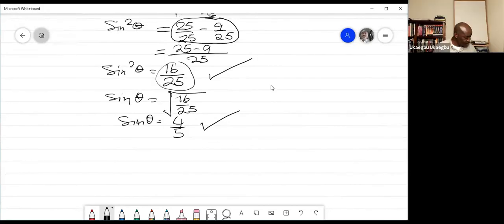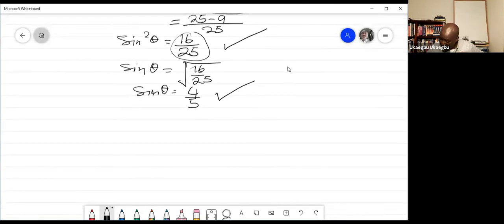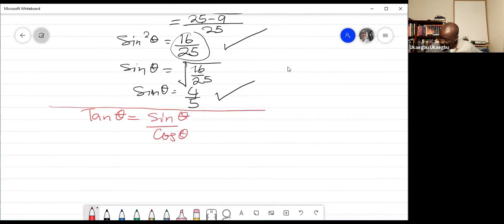Okay, so let's do one more example and then we take it from there. Actually, before we do that, let's do something else. Just remember when I told you that tangent of theta is equal to sine theta over cos theta.